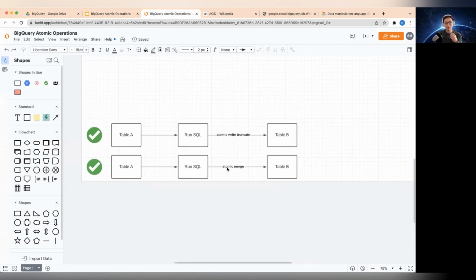As an alternative, you would either want to use write truncate, which truncates the target table or the target partition, then writes into the target table in one atomic operation, right? Or you would utilize the merge statement if you need a lot more granular control of the comparison between the source and the target table, then you apply the merge, right? So these are the two use cases.